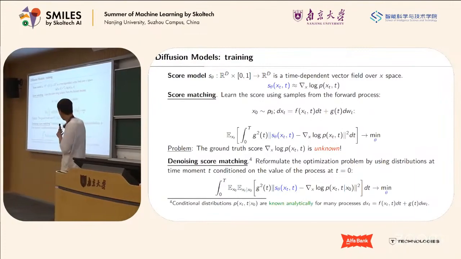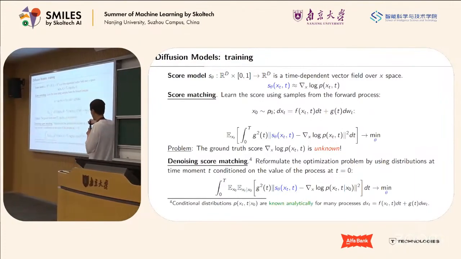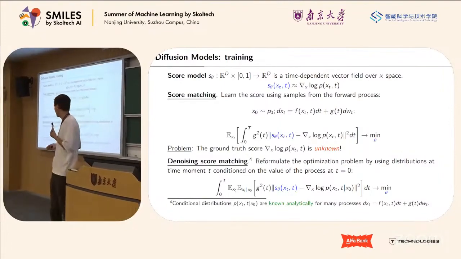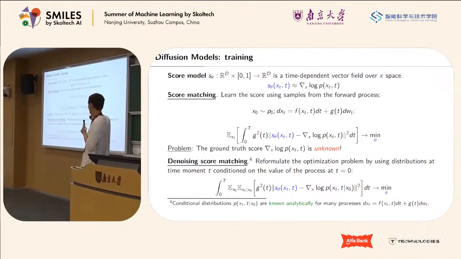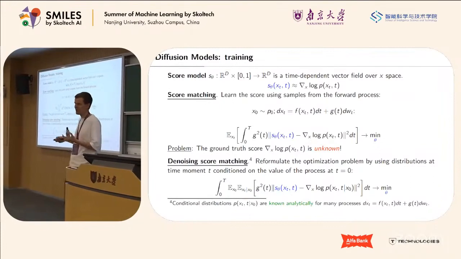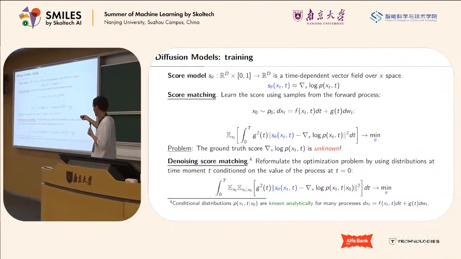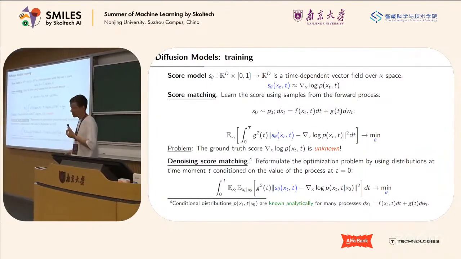But the problem is that this very naive and straightforward approach is not tractable, because we do not know this value. If we knew this value, why would we need to regress a neural network on it to reconstruct it? So it's just unknown. Although this looks very natural and recovers the true score function, this optimization is infeasible.